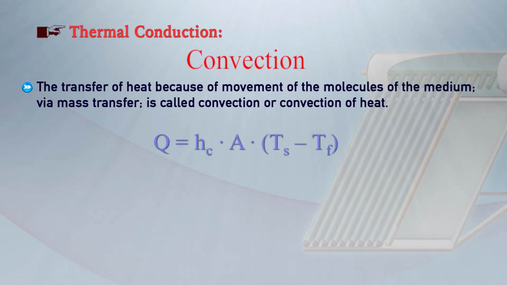Formula for convection can be defined as Q is equal to Sc multiplied by area multiplied by difference of the temperature, that is Ts minus Tf, where this Sc is a heat transfer coefficient and A is the area, and Ts is a temperature at the solid and Tf is a temperature at the fluid. So here heat is transferred from solid to fluid.